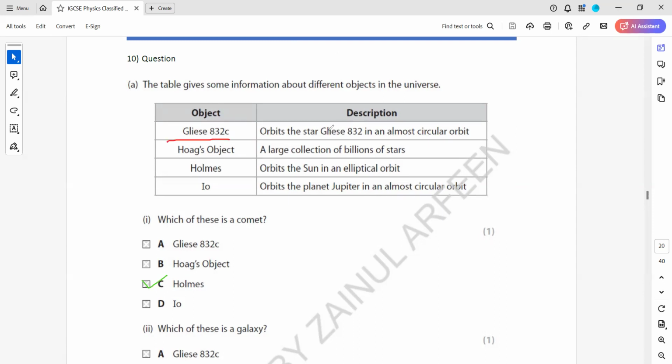What is this: orbits the star in an almost circular path? A planet. What is the object: large collection of billions of stars? Galaxy. Orbits the sun, that is what we just said, comet. And orbits the planet, so it's a moon.